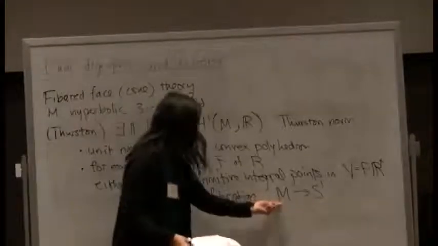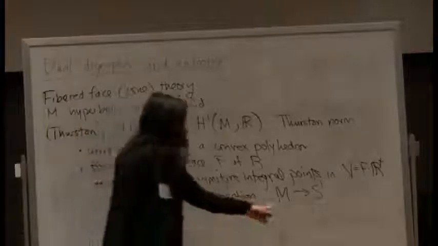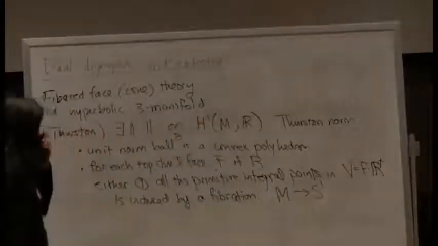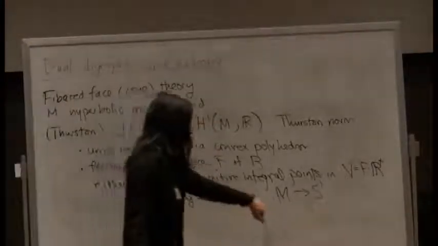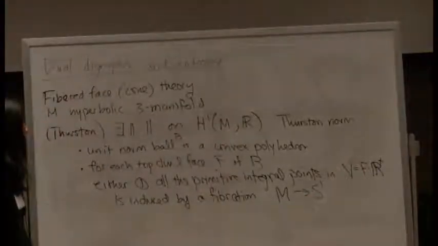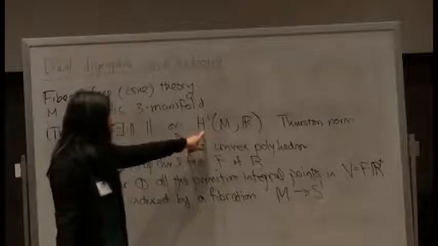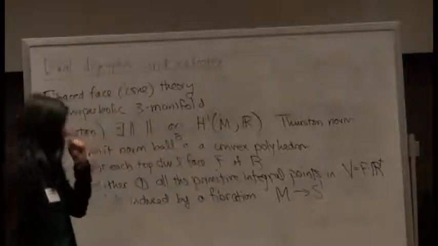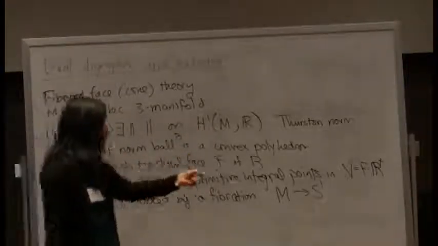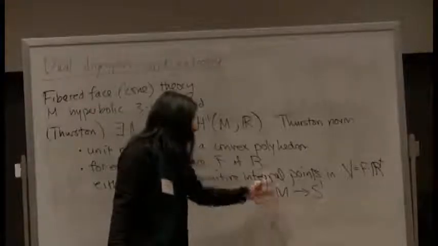Remember, if you have a fiber bundle of M to S1, then you have a surjective map on fundamental groups, so a map from pi 1 of M to Z. That defines a cohomology class. And we say a cohomology class is fibered if it was induced by a fibration.